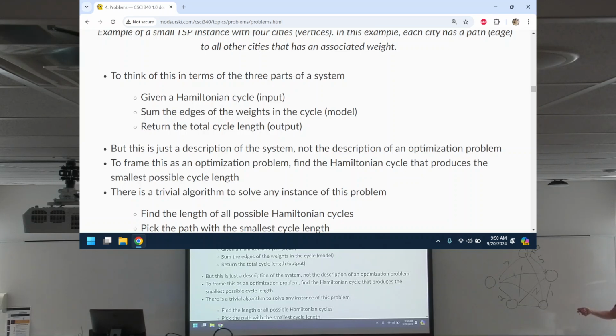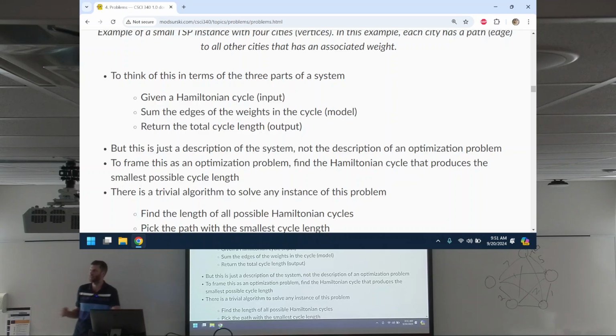Those are Hamiltonian cycles. Technically, those are Hamiltonian paths. A cycle is a Hamiltonian path that starts and ends at the same location. Basically, I want to hit all of these points once and only once. I don't want to ever lift my pencil. And I want to start and end in the same location. That's a Hamiltonian cycle. Okay?